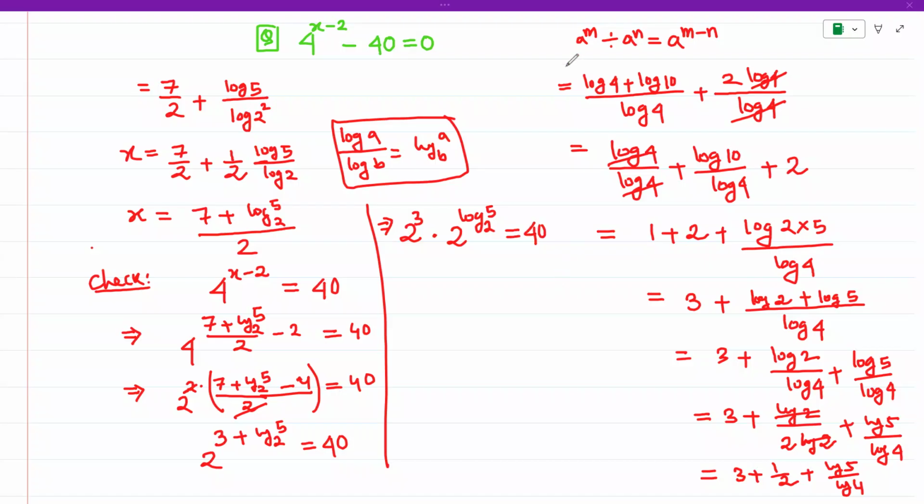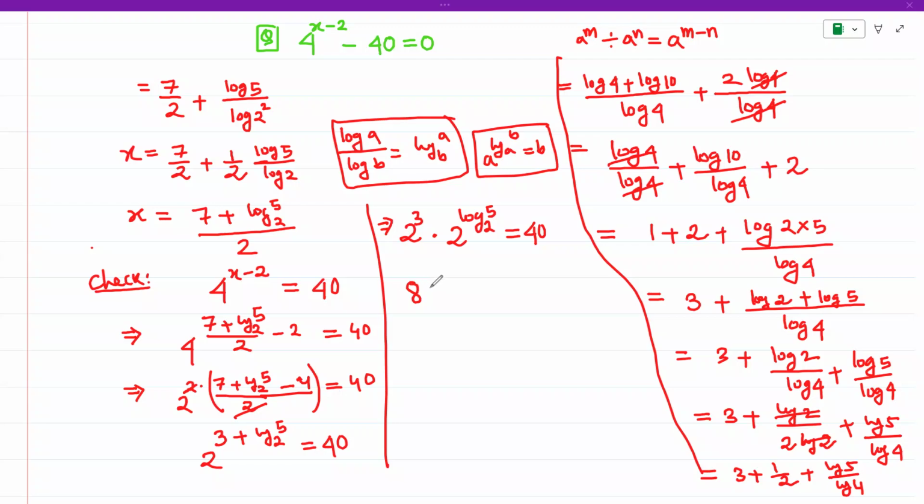We use here another logarithm property, which is a power of log base a of b equal b. That means we can write that 2 cube is 8 times 5 equal 40. So 40 equal 40.